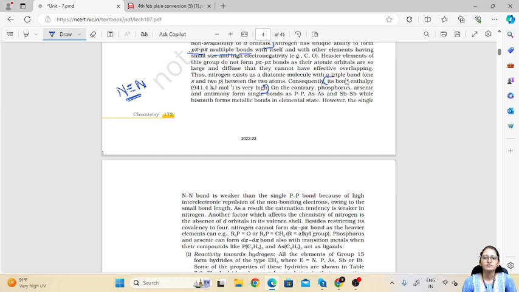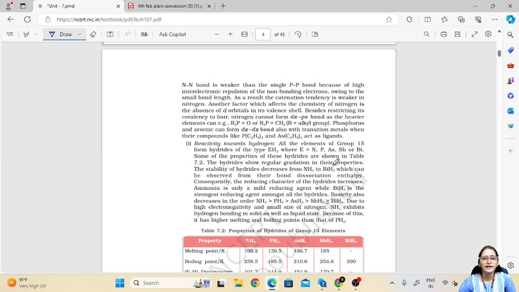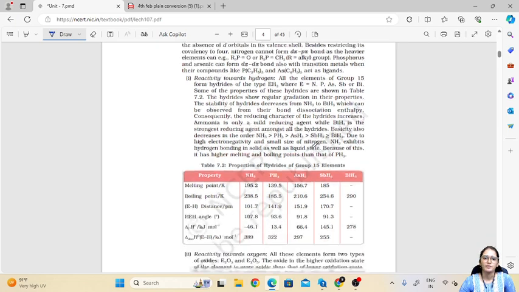Then phosphorus, arsenic, antimony can form single bonds with the same elements, but nitrogen cannot form a stable single bond, which is very weak if it forms. So that's one of the reasons for anomalous behavior. And nitrogen can form p-pi bonding, which is not seen in other elements. Other elements can form d-pi bonding.